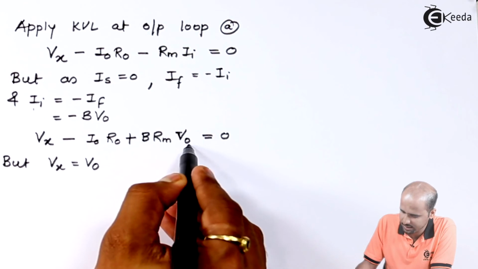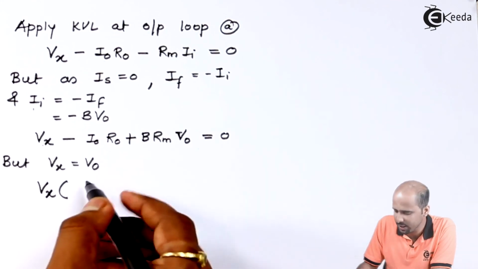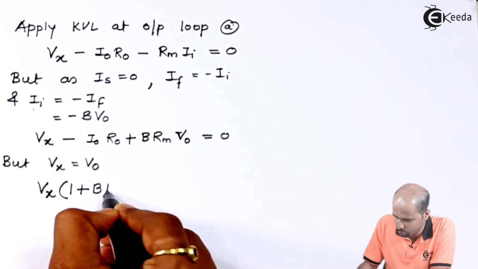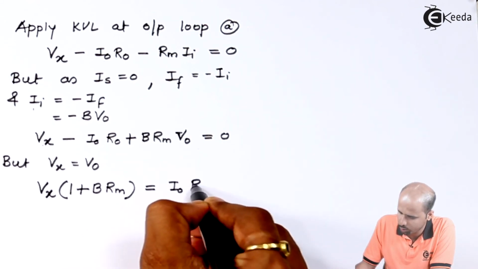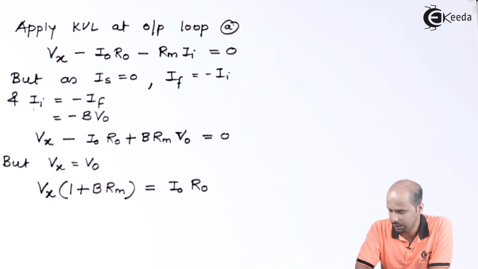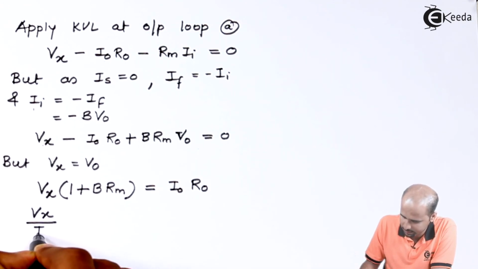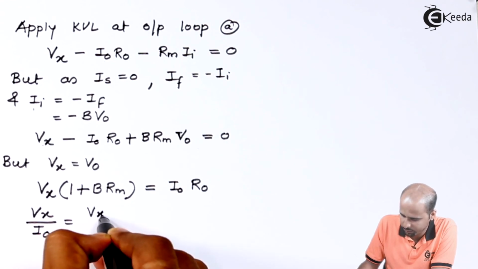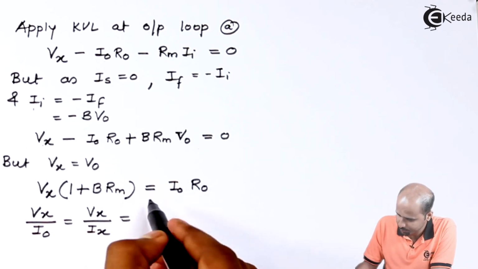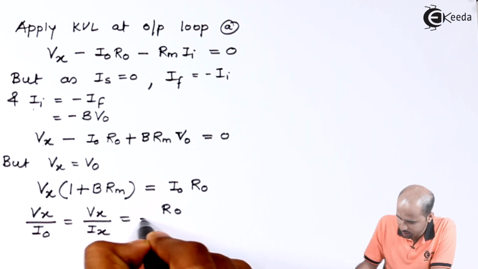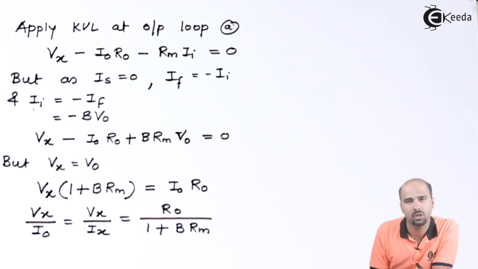So here we take Vx common, and IO RO we leave on the right hand side. We get Vx into 1 plus B into Rm is equal to IO into RO. A very simple task. So Vx divided by IO, which is Vx divided by Ix, is equal to RO divided by 1 plus B into Rm.